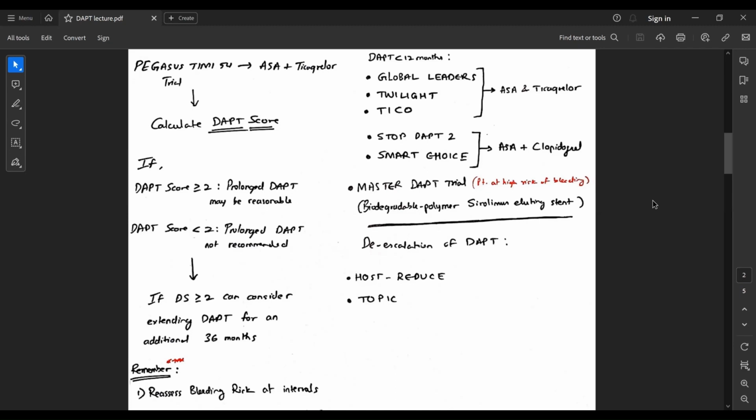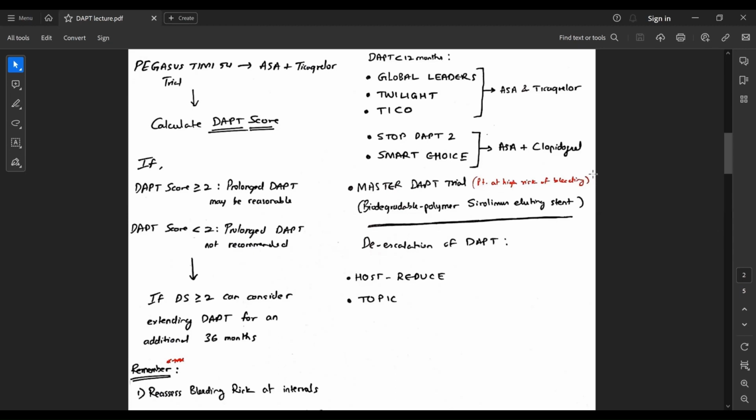And they compared this with patients who received DAPT with aspirin and prasugrel or ticagrelor for a total of 12 months. And this trial also showed that de-escalating DAPT reduced the incidence of bleeding in the experimental group, and there was no difference in the ischemic events between the two groups.